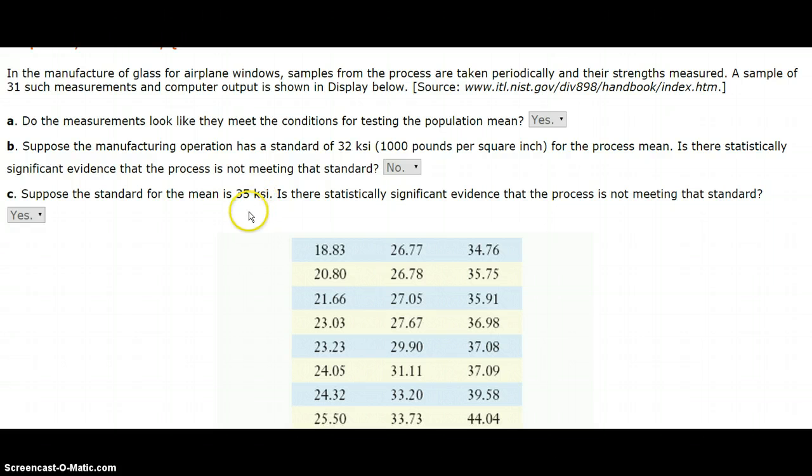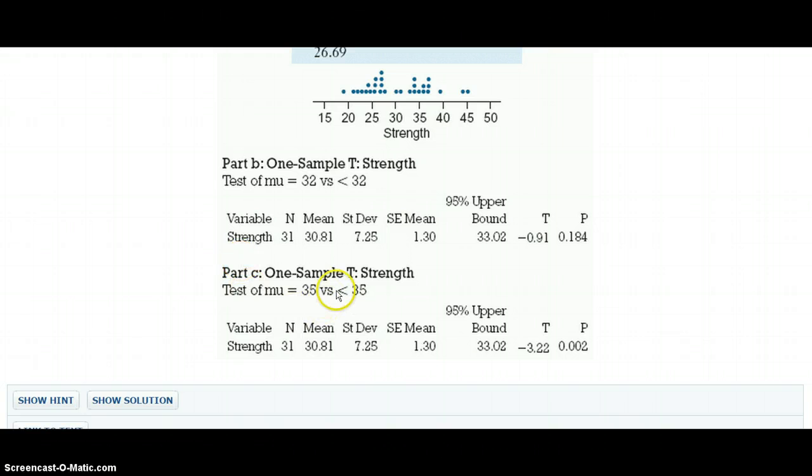However, if it was a higher standard, let's say 35, and we were testing a one-sided alternative hypothesis of less than 35, notice we still have all the same data points here and the same sample mean, standard deviation. None of that's changed. The only thing that's changed is our standard itself. And so here, when we calculate the t-value, this is going to be quite a bit different, because keep in mind that the null hypothesis is part of the formula.